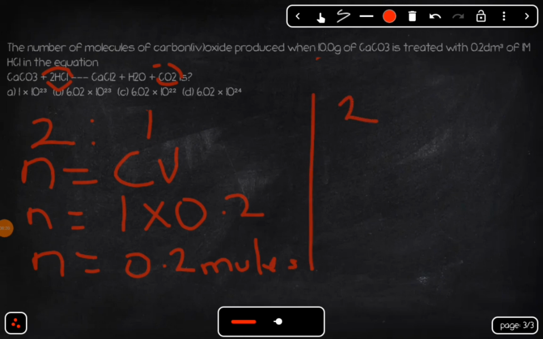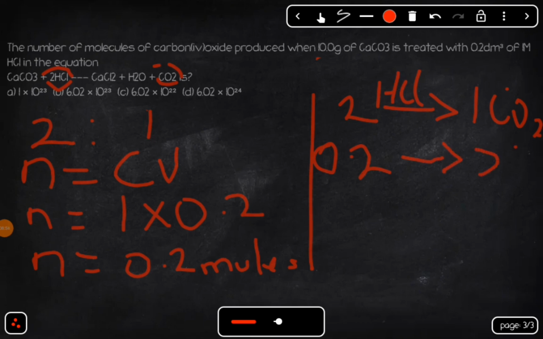If 2 of HCl give 1 of CO2, then 0.2 of the same HCl will now give how many of CO2?